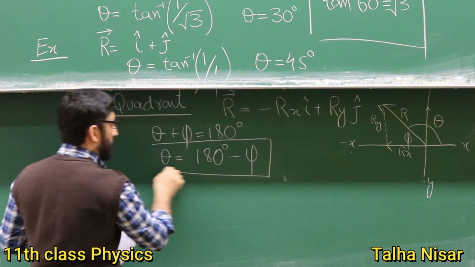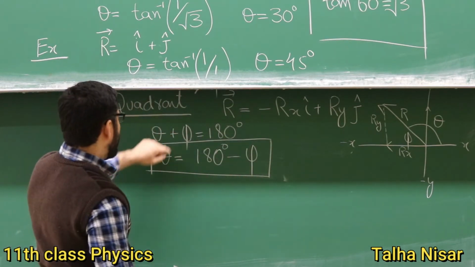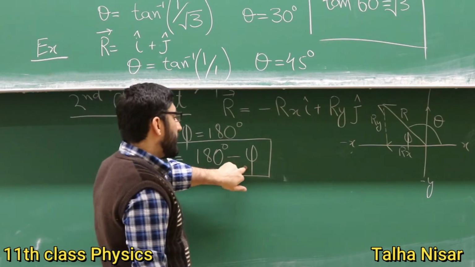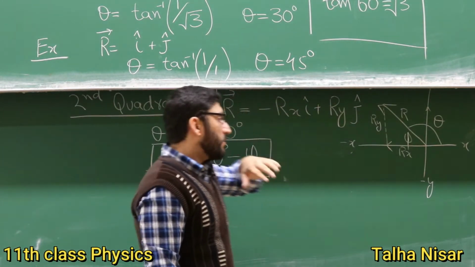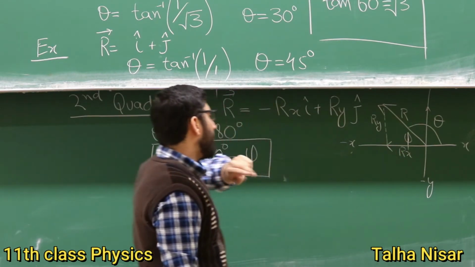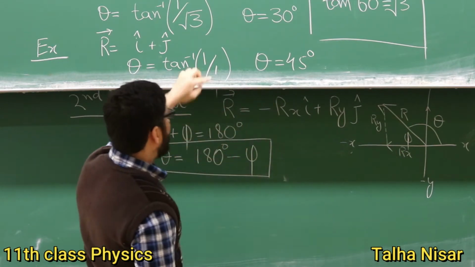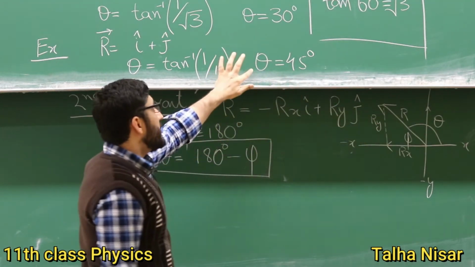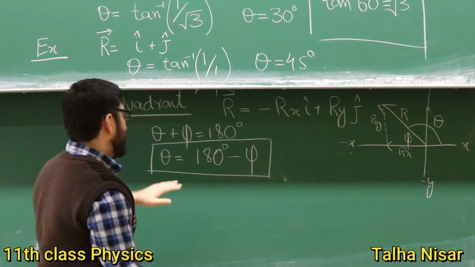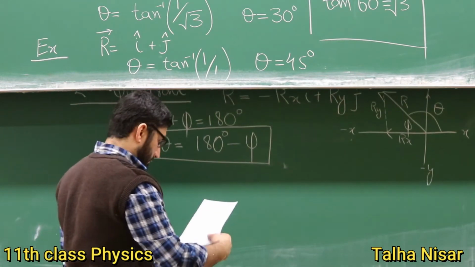So we first get the phi using this method, and then we can calculate the theta. In the first quadrant, the theta and the phi were the same, but here they are different.